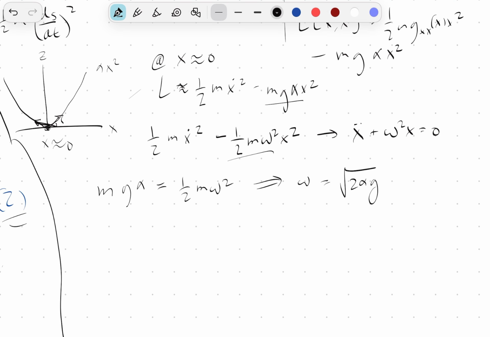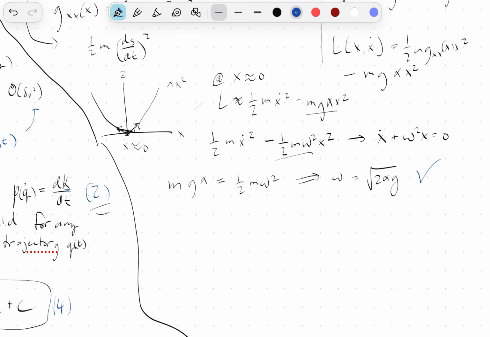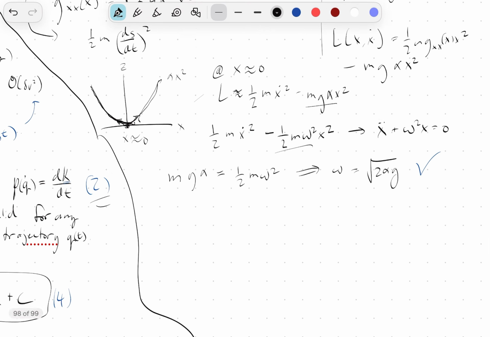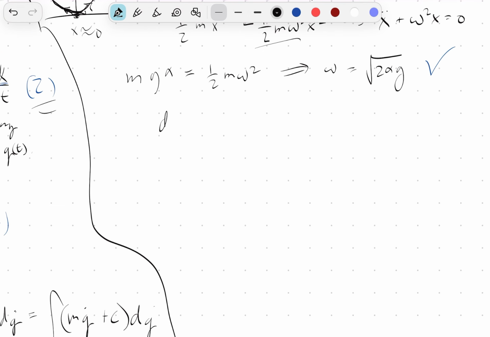And we can get the exact equation too. So we got the harmonic oscillator case, but let's get the exact equation for the parabola. The Euler-Lagrange equation is going to look something like the derivative of m g_xx x dot.